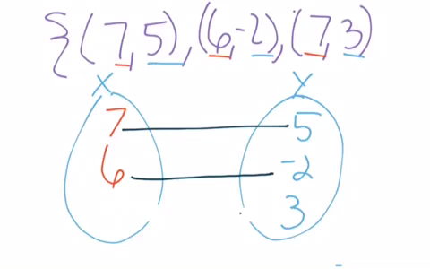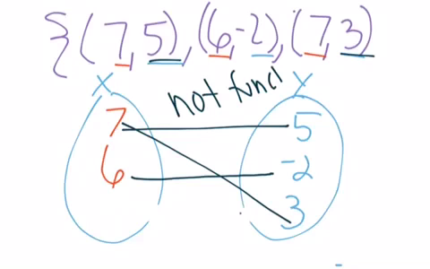So we would draw it just like this. 7 goes with 5 and it goes with 3. This is not a function. 7 can only go with 5 or can only go with 3. But unfortunately, it's paired up with both of them.